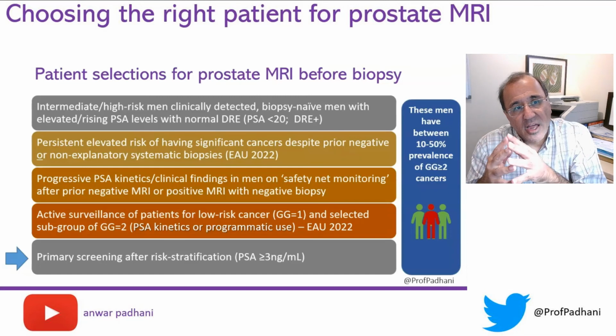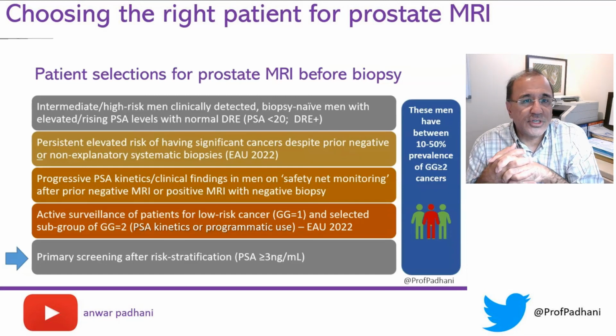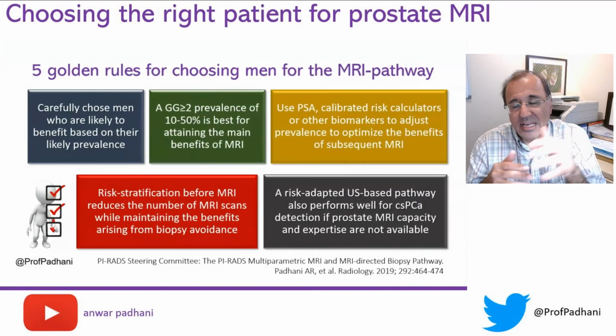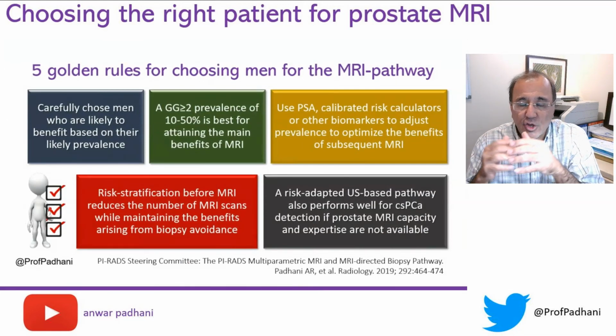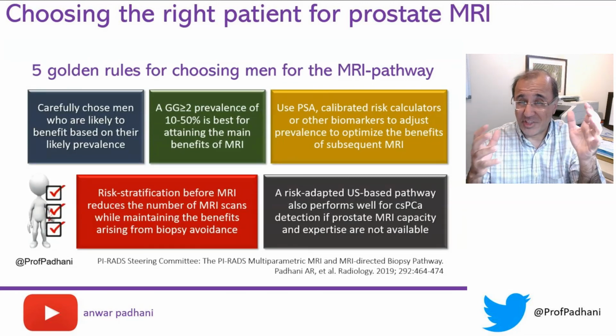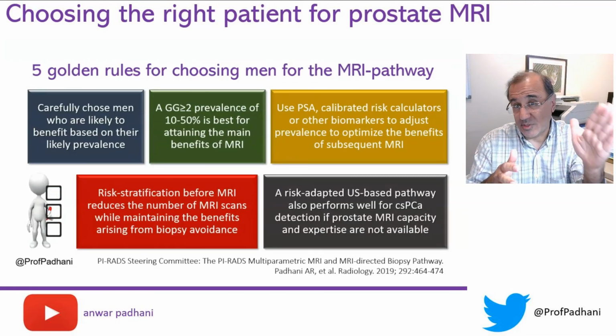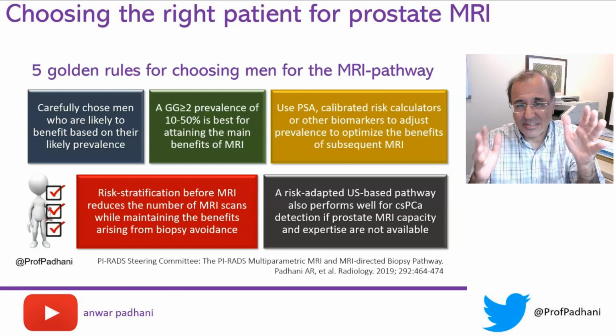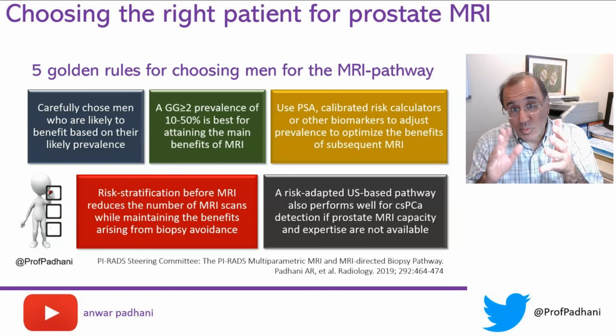So here are my 5 golden rules for choosing men to undergo an MRI before a biopsy. You need to be very careful about the man you choose based on their likely prevalence. So we said between 10 and 50%, right? These are the men who seem to benefit. Use PSA.